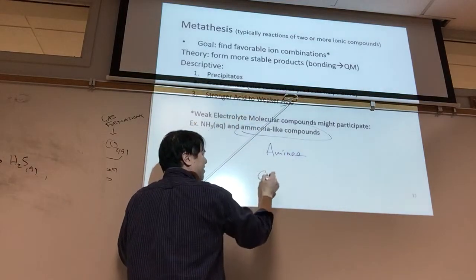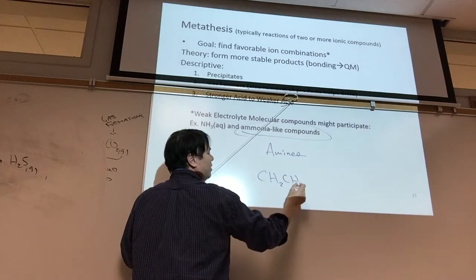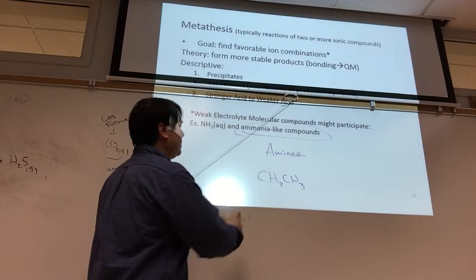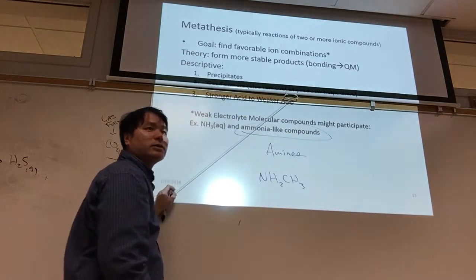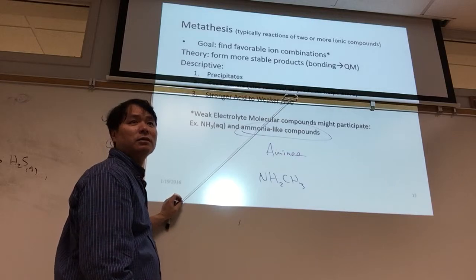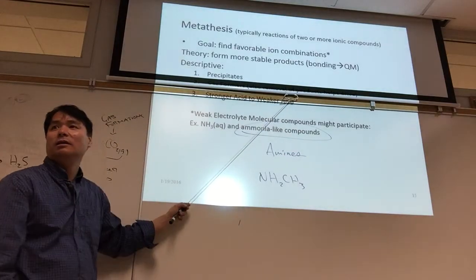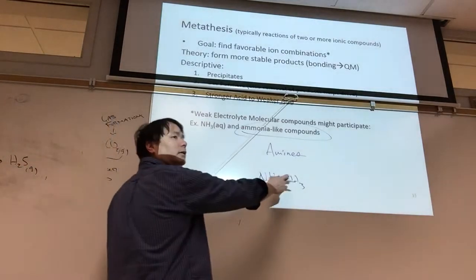Examples of amines would be something like this: CH3, NH2. You know what CH3 is called in organic chemistry? Somebody remind me. CH3 group is called what? Methyl. This is called methylamine.